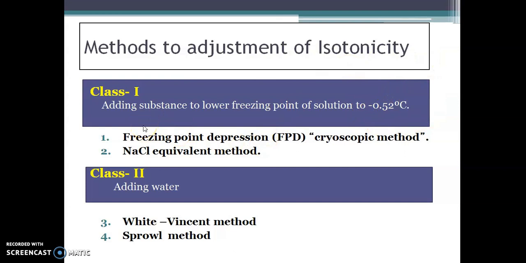Class 1 methods are classified further into freezing point depression or cryoscopic method and sodium chloride equivalent method. In class 2 method, there is addition of water to the drug solution to form an isotonic solution. This method is also further classified into White-Vincent method and Sproul method.